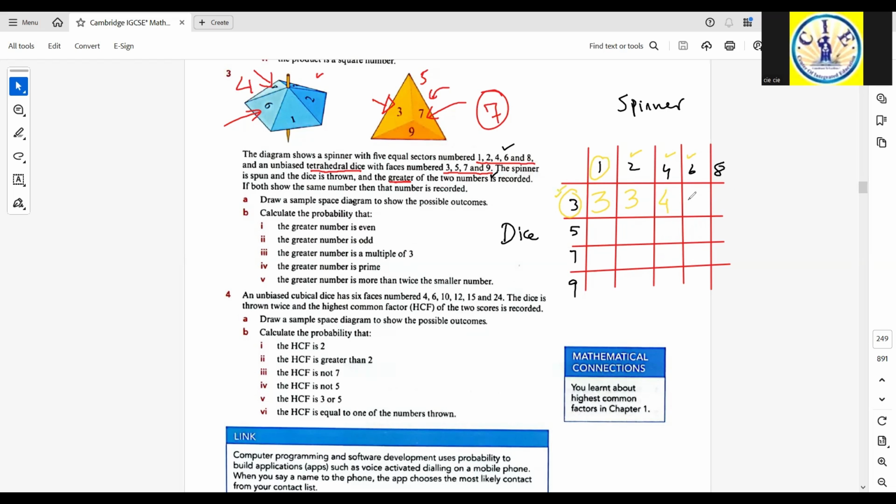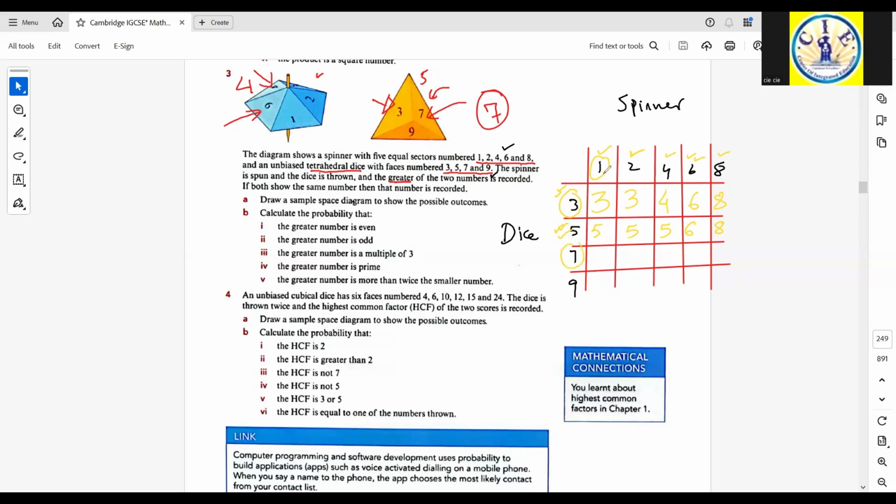For 6 and 3, we are going to record 6. And for 8 and 3, it is going to be 8. Then for 1 from the spinner and 5 from the dice, it is going to be 5, 2 and 5, this is 5 again. 4 and 5 will give us 5 again. And for 6 and 5, this time it would be 6. And for 8 and 5, this time it is going to be 8.